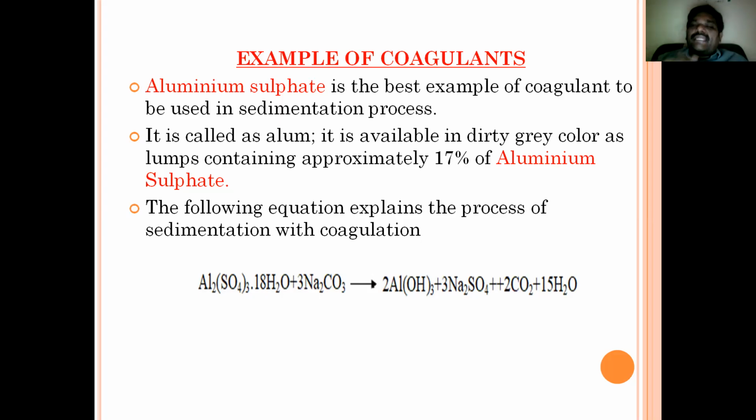When it is added to the water, the aluminum sulfate reacts with the impurities and comes out as floc that will be taken off, and the water will be sent to the next outlet, or next unit. Understand?